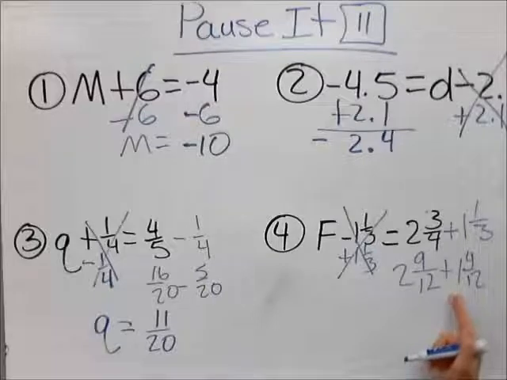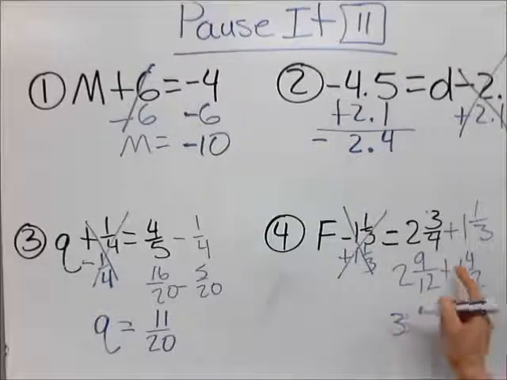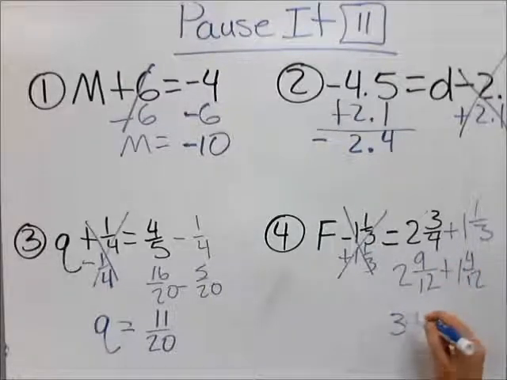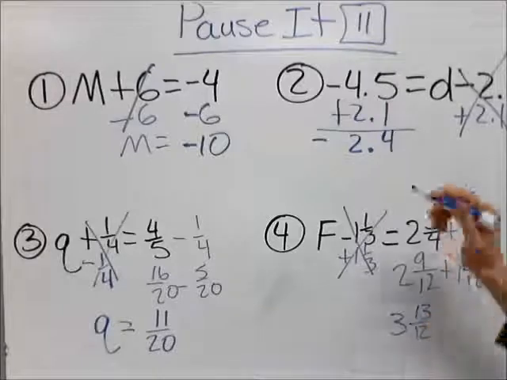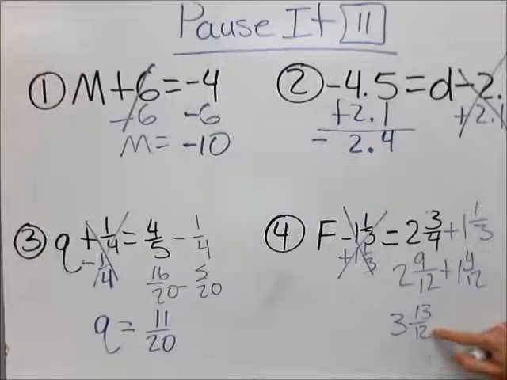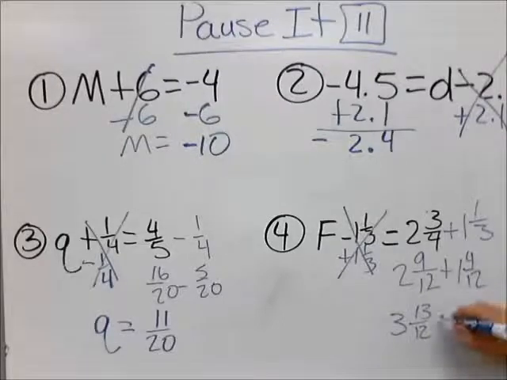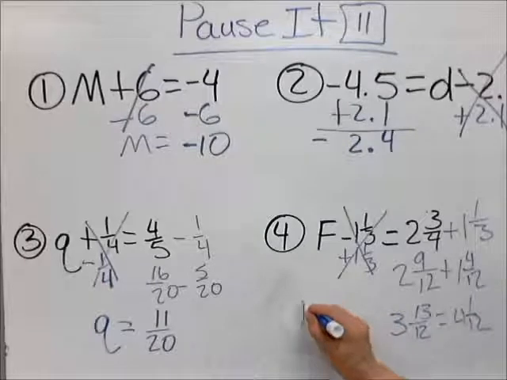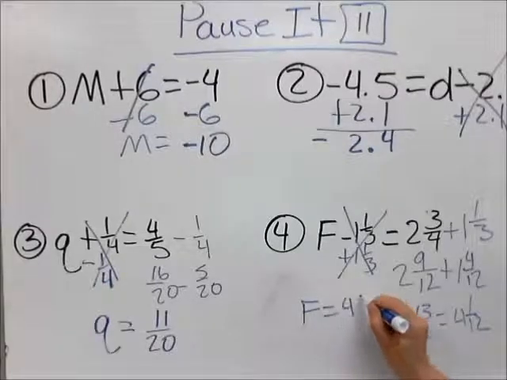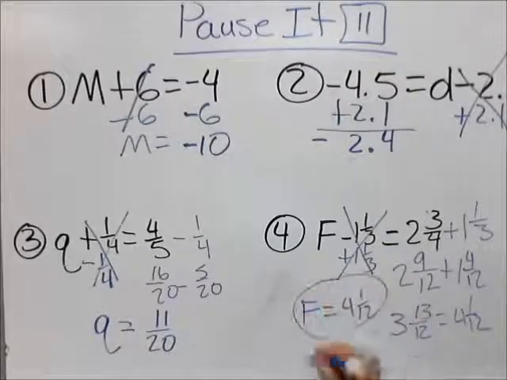So 2 plus 1 is 3, and 9 plus 4 is going to be 13. I can see here that there's another whole, because 12/12 is a whole, so that's 4 and a 12th. So F equals 4 1/12.